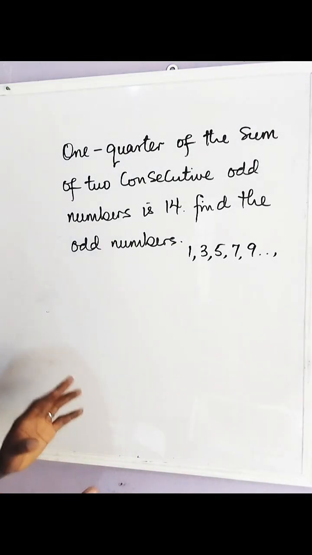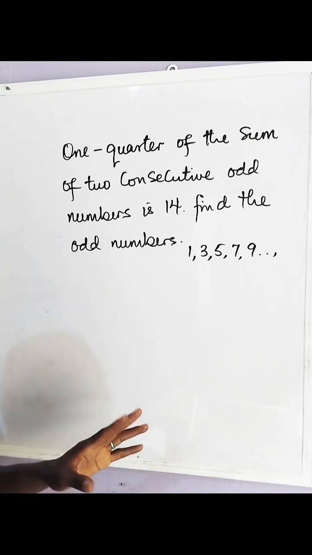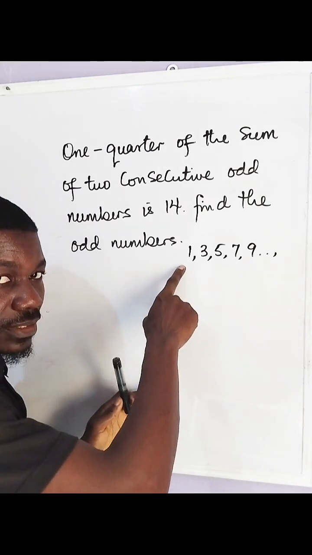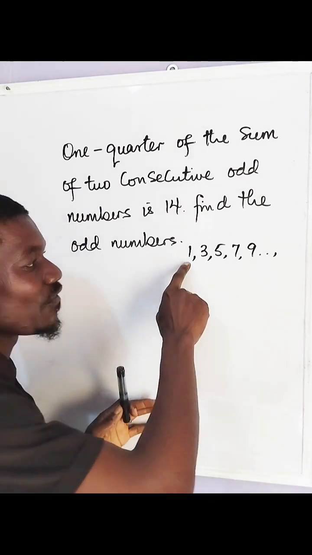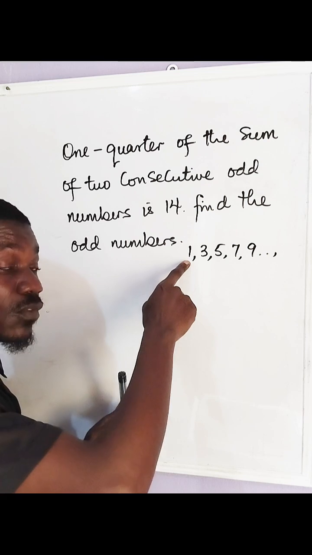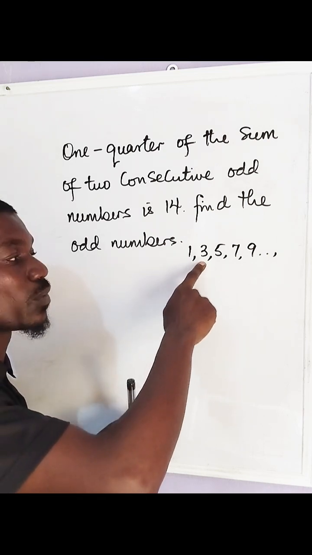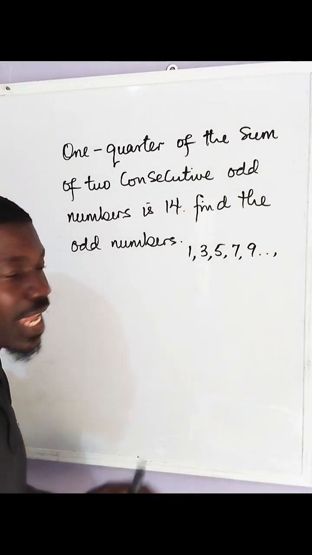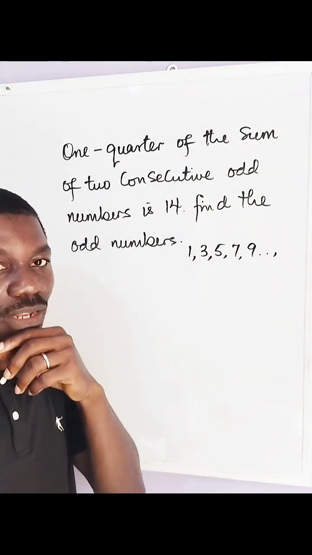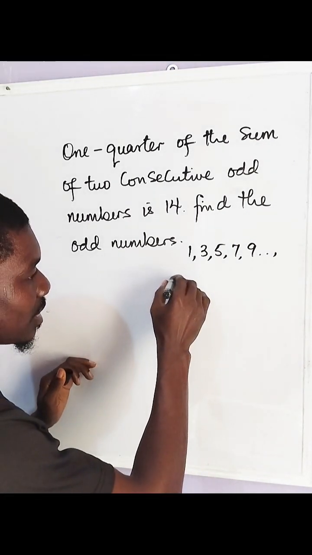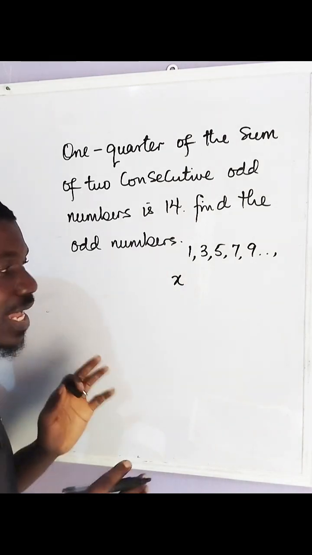Now that this is established, look at these numbers here. 1 is a factor within all of them, which means we can get 1 from 1, from 3, from 5, from 7, from 9. So if we subtract 1 from all, we get that x. Let us make 1 that x.